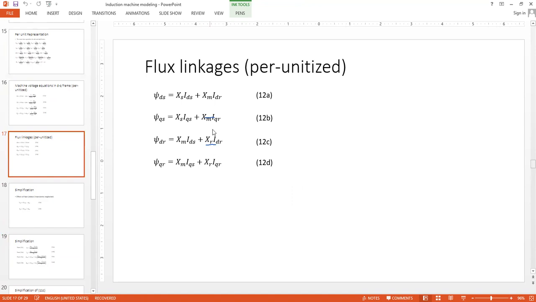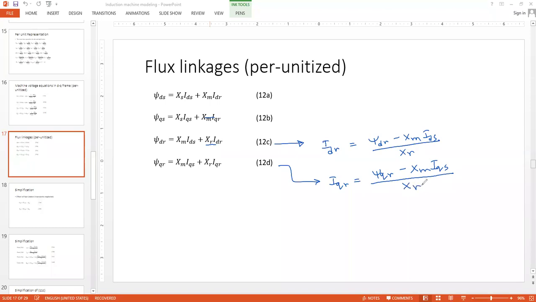From this psi dr, we can easily write idr equals psi dr minus xm ids divided by xr. Similarly, from this one, we can write iqr equals psi qr minus xm iqs divided by xr. What we achieve by doing that is we can get rid of idr and iqr, two of the currents associated with the rotor circuit.